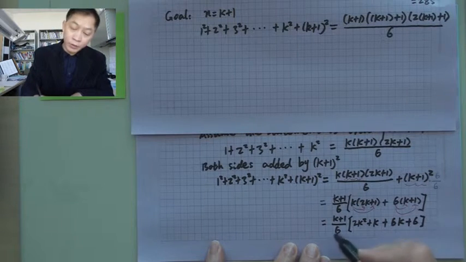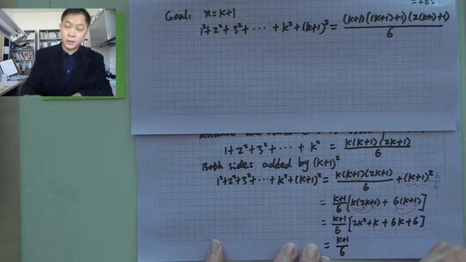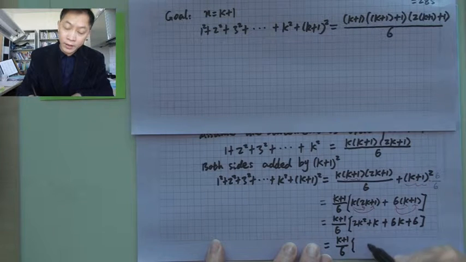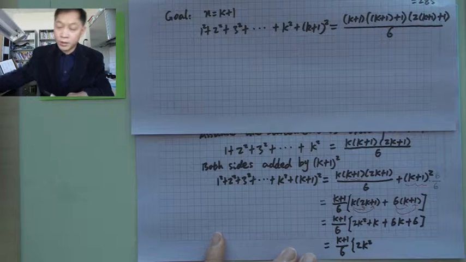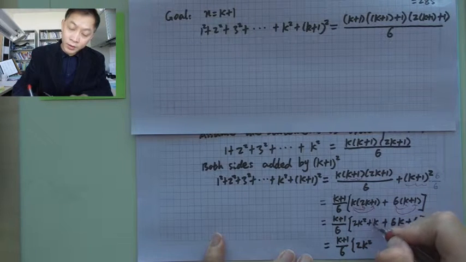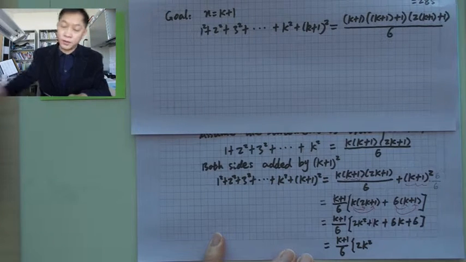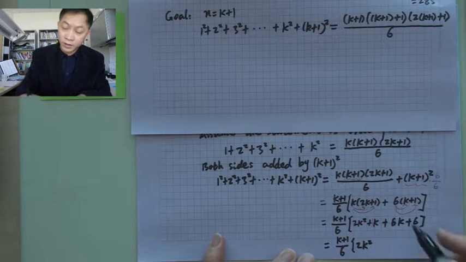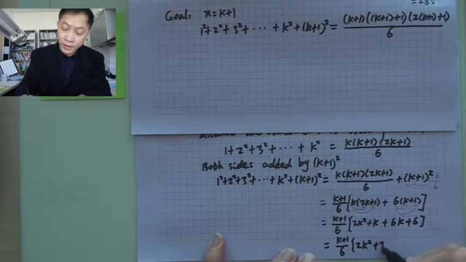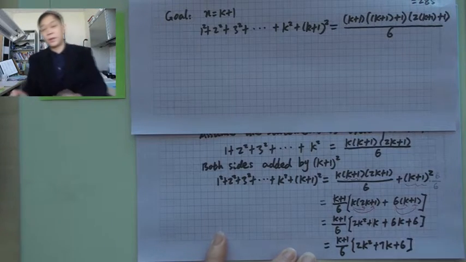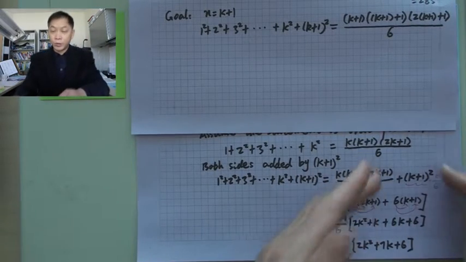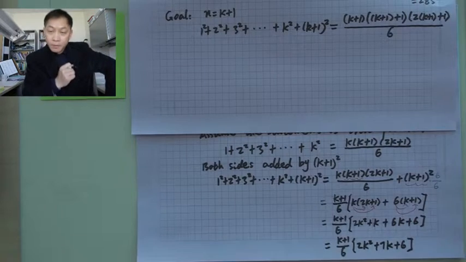Yeah, you may do one more step. That's k plus 1 over 6, and then right here, you then have 2k squared. And remember, here there is a 1 in front of it. So 1 plus 6 is 7k plus 6. Okay? So right hand side, we go up to this far.